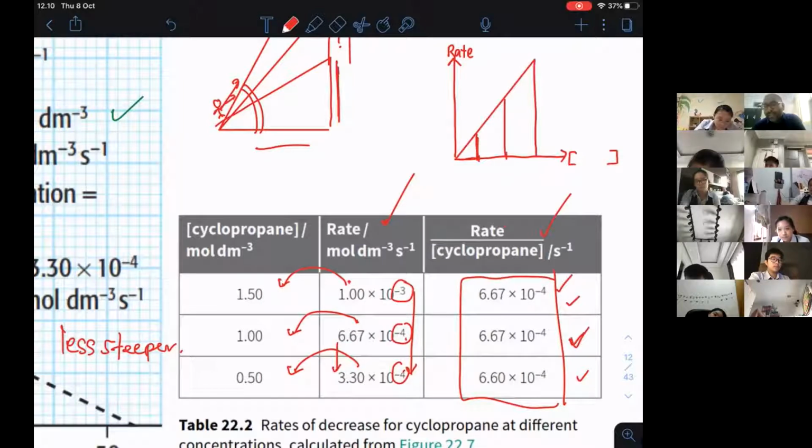So they found out there is some sort of relationship when it comes to the rate over concentration graph. And they also found out there is some sort of relationship when it comes to the other graph, which is the concentration against time graph.